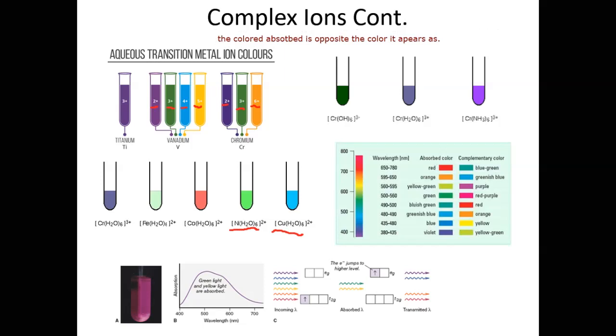And so again, the absorbed color is the color when the electron absorbs that energy to move to a higher energy level. And so if something appears blue-green, it's going to absorb red. So here, as we go up, we're increasing lambda.